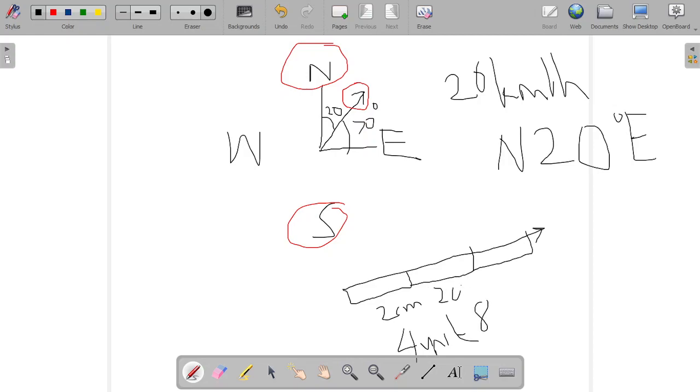Another gives 12 units, another gives 16 units, another 2 centimeters gives 20. So that indicates that this is where we are going to draw the line of the vector to.